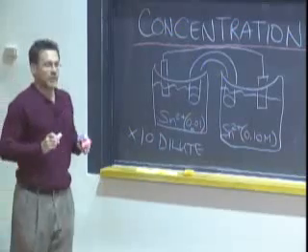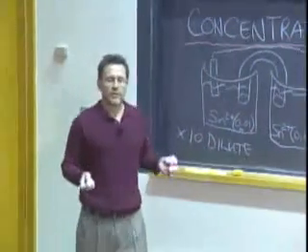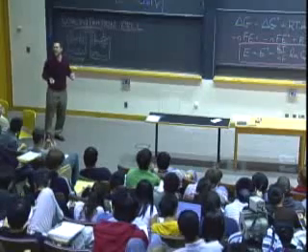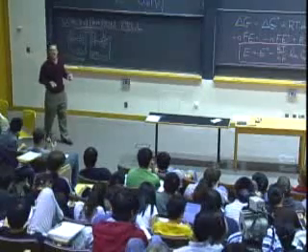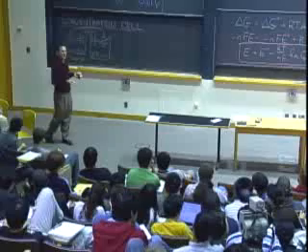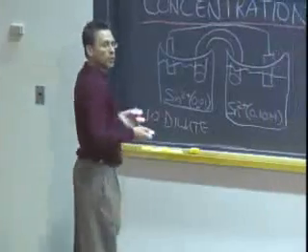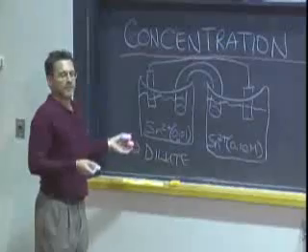And we can ask what kind of a voltage is set up as a consequence of just simply having different concentrations of tin ions in the 2 beakers. And we can ask in which direction would the electrons flow in a system like this.